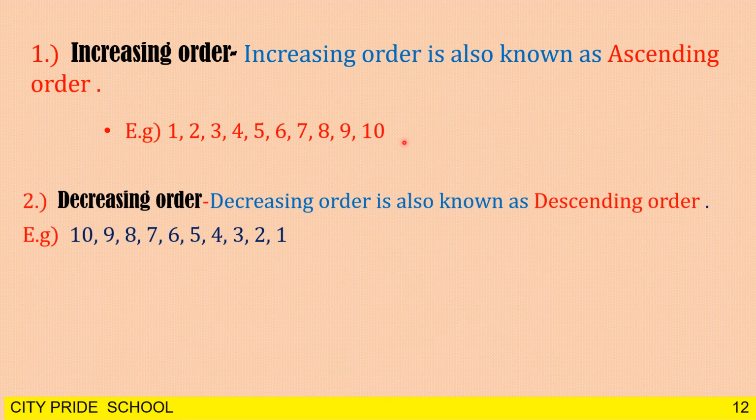And decreasing order is also known as descending order. So what we do here, we arrange the numbers from the bigger number to the smallest number. So we'll start from 10 and come down to 1. These two concepts you have already learned in standard 1.